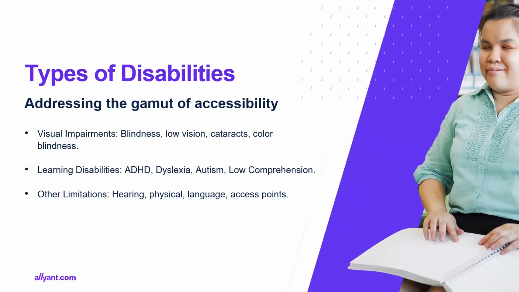And then some of the other physical ones: hearing, language, access points, things like that. So disabilities are very, very broad. It's a wide gamut. And I think as time goes on, accessibility of communications is continuing to expand to address the needs of a broader and broader audience. And as people are living longer, that's going to just continue.